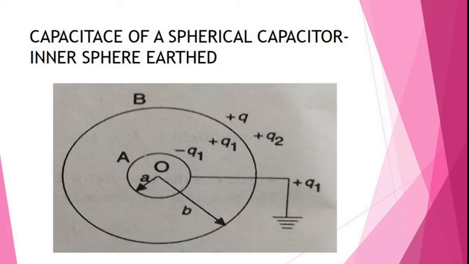Both capacitors are of spherical form, and we know the expression for spherical capacitance. So we can find out both capacitance values C1 and C2, and since they are connected in parallel, we can find the total capacitance by simply adding C1 and C2.